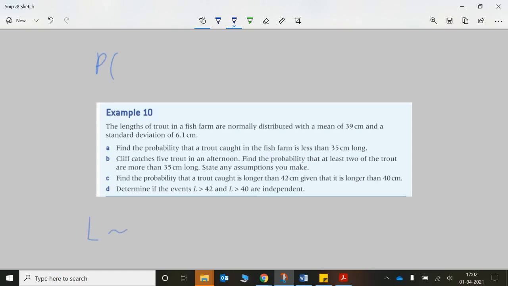So L, again, remember, is normally distributed with mean 39 and 6.1 squared for the variance, rather. So we're looking for the probability that L is longer than 42, given that it's longer than 40.